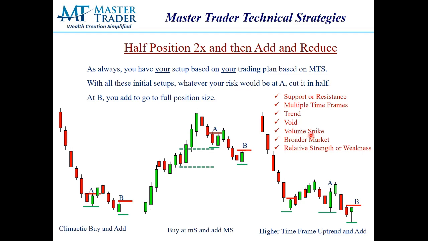Now, I haven't talked about volume in this section, but primarily volume is a secondary piece of information. It can be useful, but we look for volume spikes. So this could have had a volume spike here, or maybe it happened here. We don't trade volume, we trade price. But volume can be that secondary piece of information.